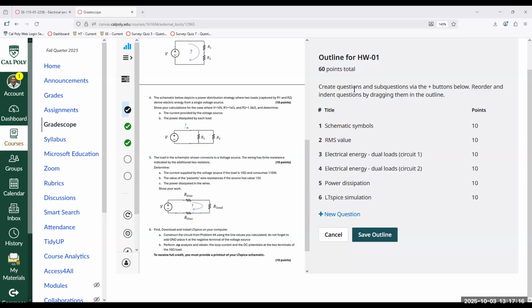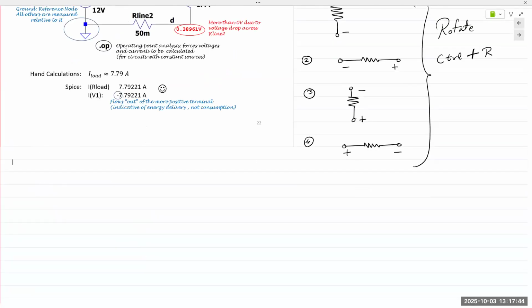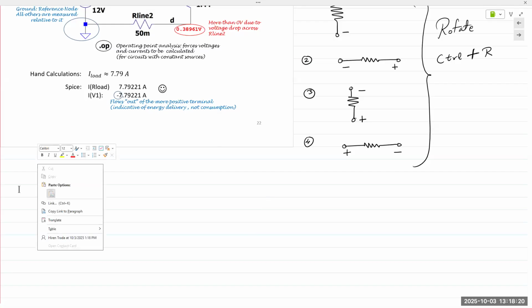And so if it is 12 volts, let's actually solve it by hand.